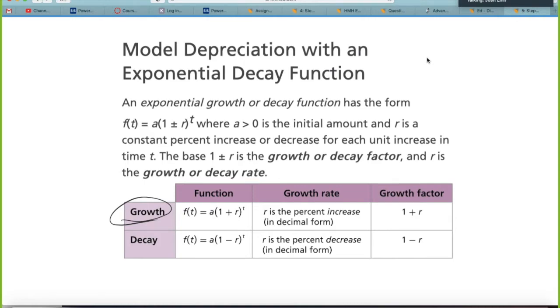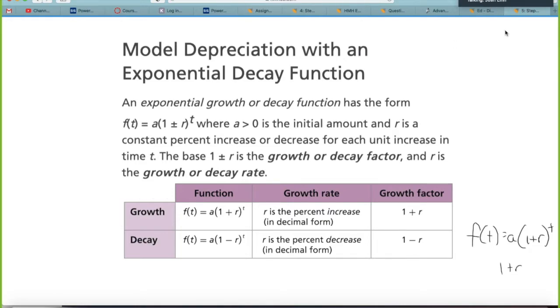I'm going to go ahead and write that on the screen. f of t is equal to a times (1 plus r) to the t, and then our growth factor is 1 plus r.